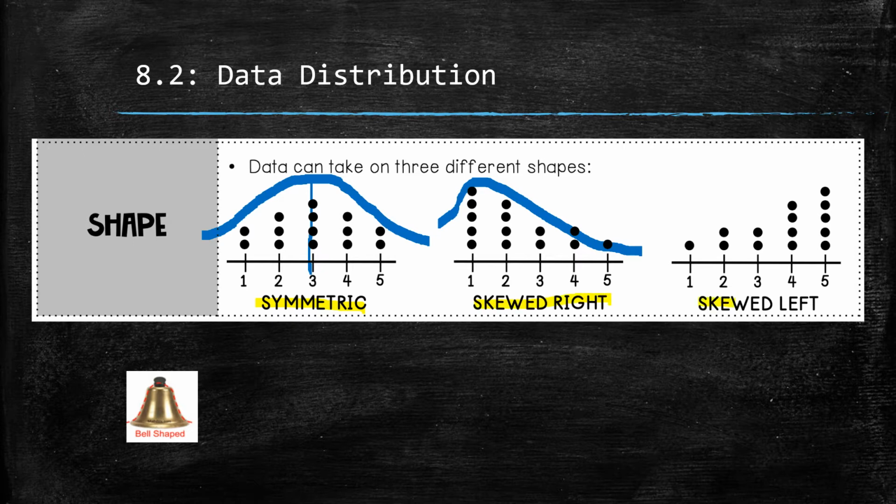And then we have skewed left, where my bell curve looks like this, and you can see that the tail of my graph extends to the left. Most of my data is on the right side, so it's considered skewed left.